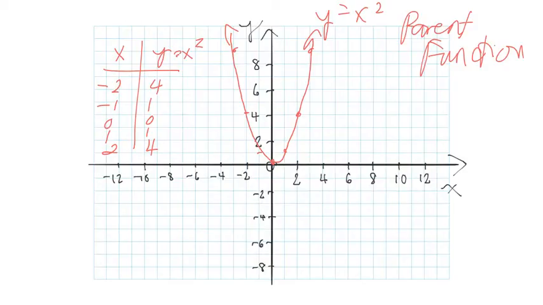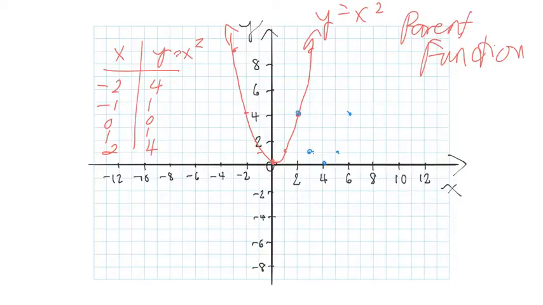Okay, so preamble aside, one thing that I can do to a parent function, probably easy to see on the graph, is I can move it left or right. So what I'm going to do here is I'm going to move my parabola, let's say 4 units to the right. So in this case, the vertex will move over here, then the rest of the points on the graph will move each 4 units to the right of where they started.